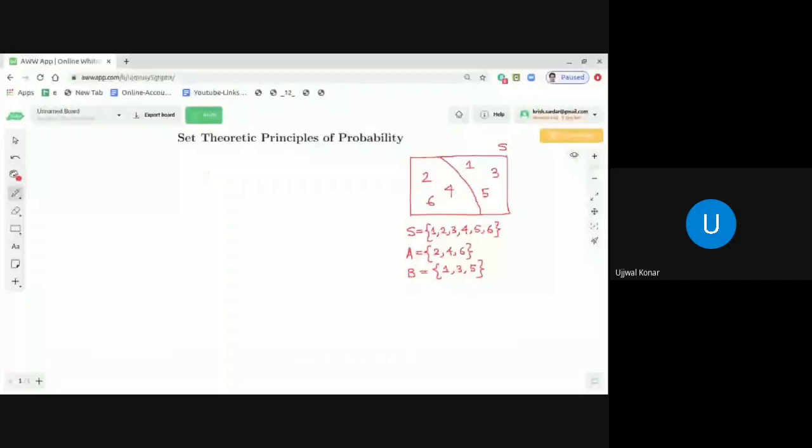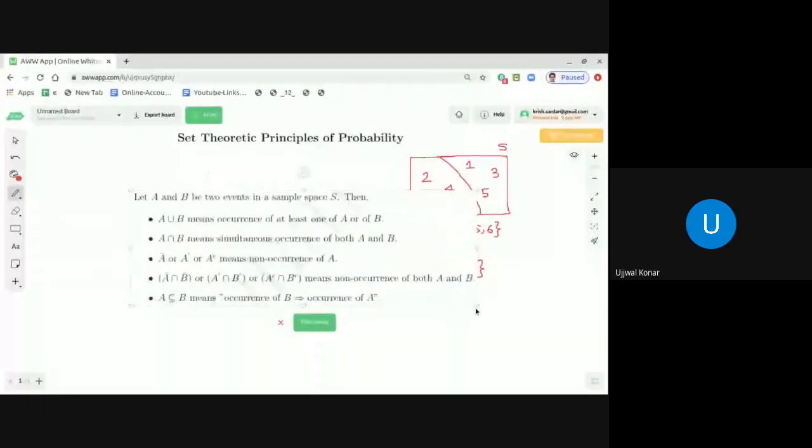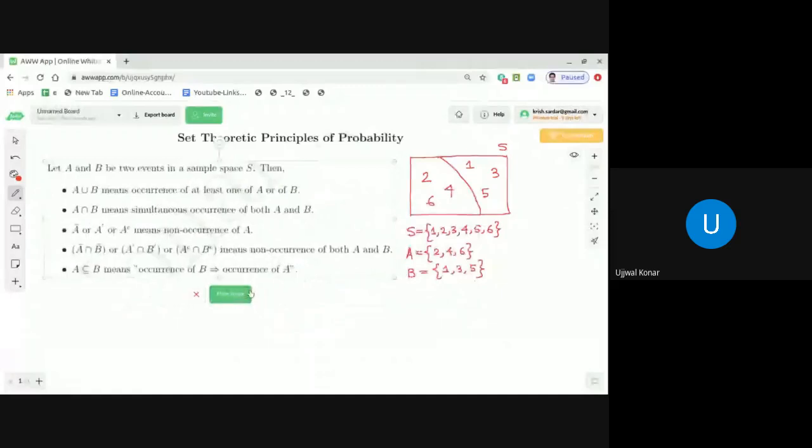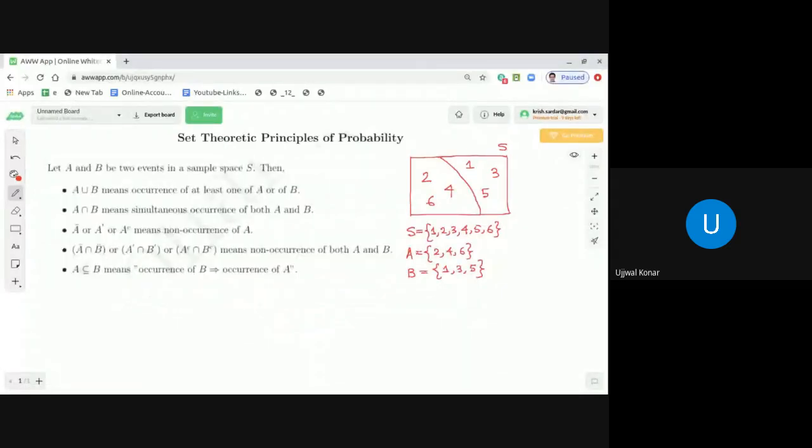Keeping this in mind, I would like to tell you these points, followed by an explanation. Let A and B be two events in a sample space S, like the events I just explained a minute back.